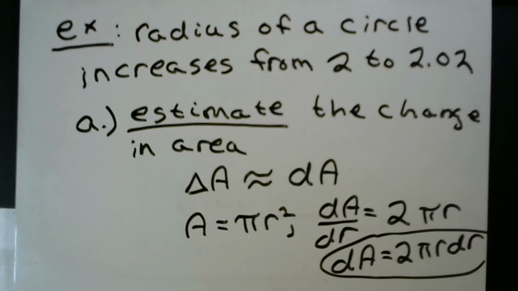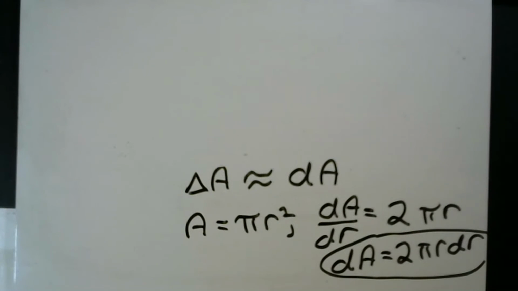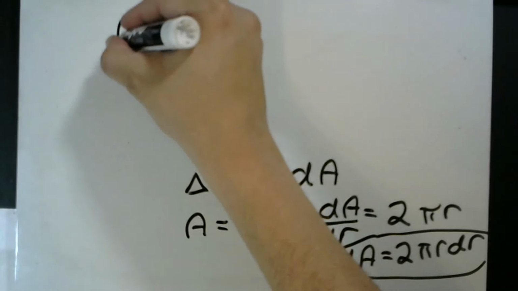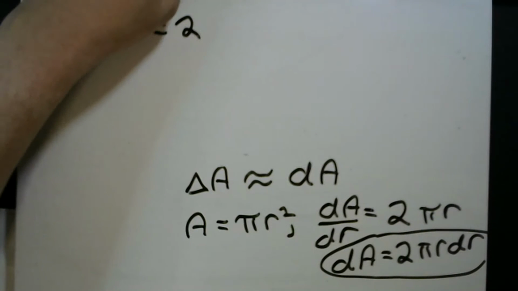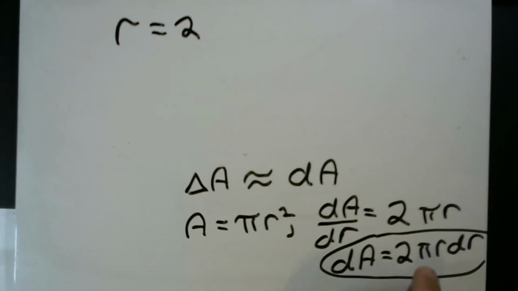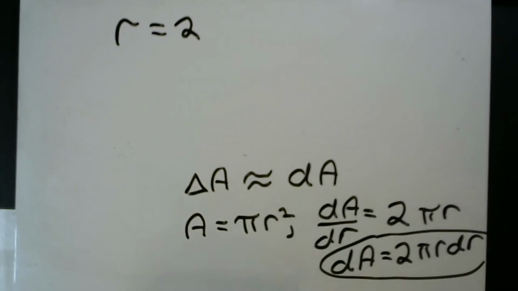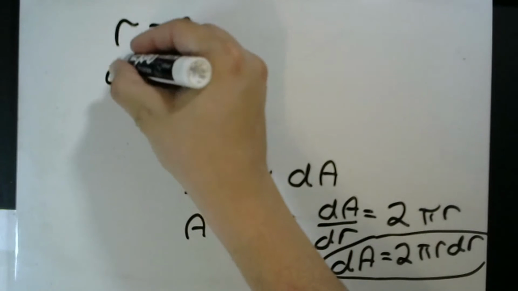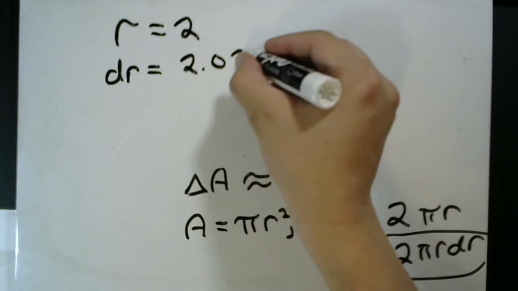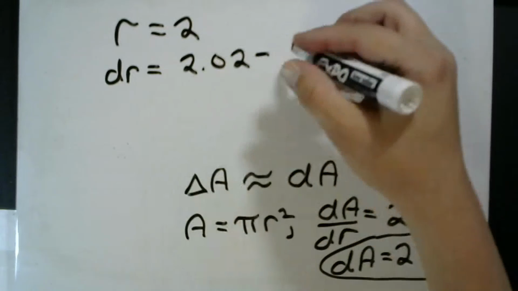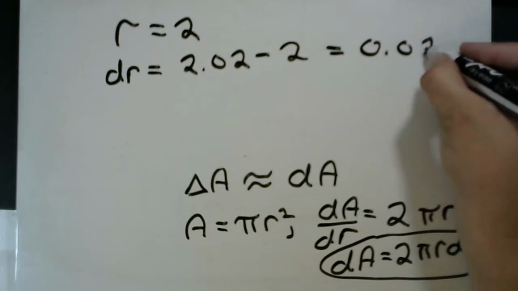So R, in this case, is going to be the original 2, could be 2 feet, 2 centimeters, the original 2. So that's what our R is going to be. Now for dr, that's the difference between the new radius and the original radius, or 2/100ths.